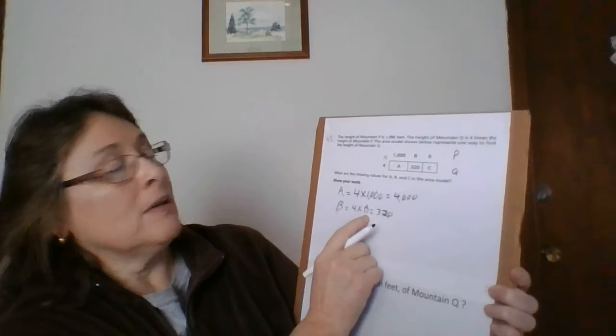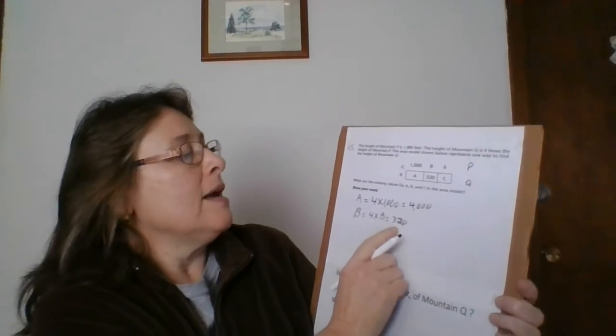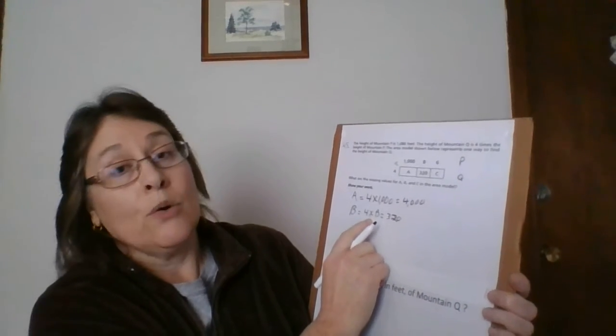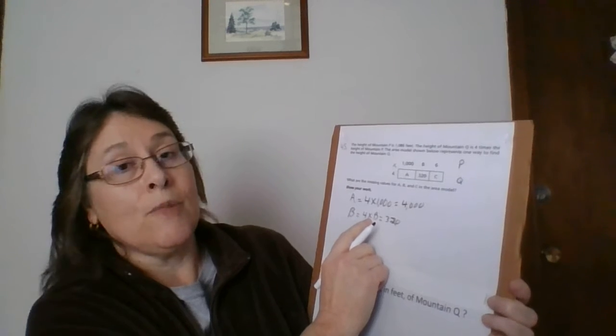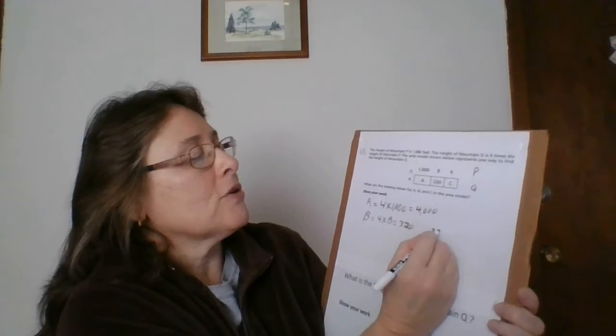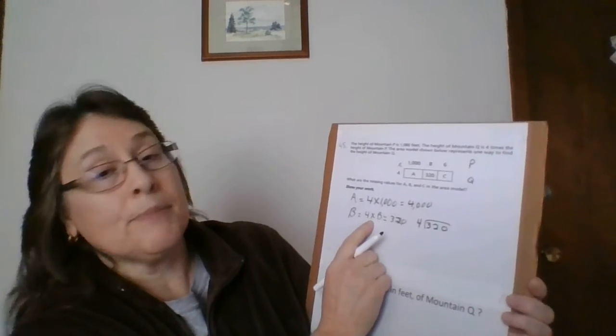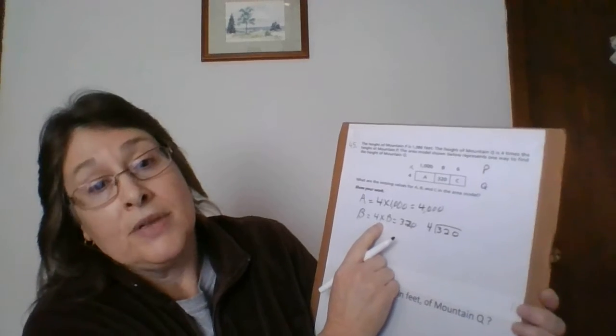Now, since I'm missing the number for letter B, I have to do the opposite, or the inverse operation, of multiplication, which is division. So I'm going to take the 320 and divide it, because the inverse of multiplying is to divide.